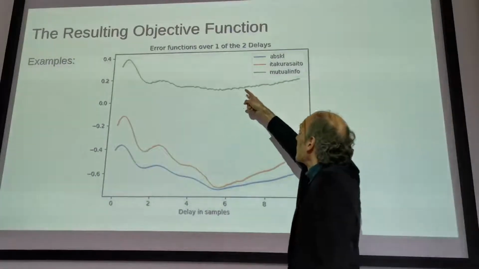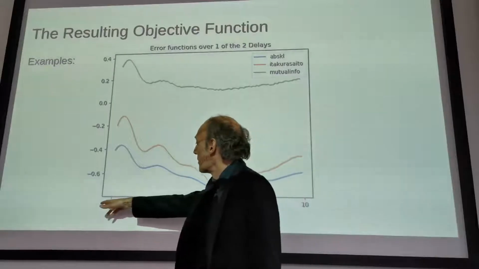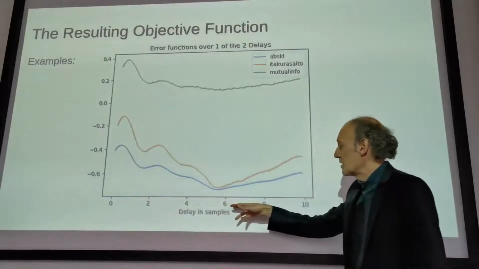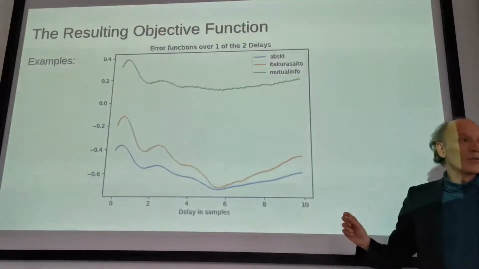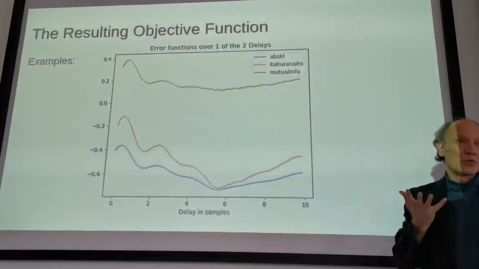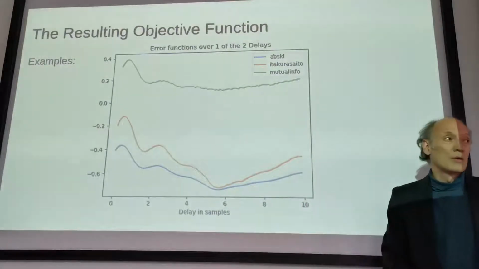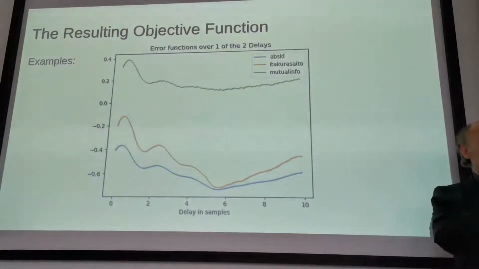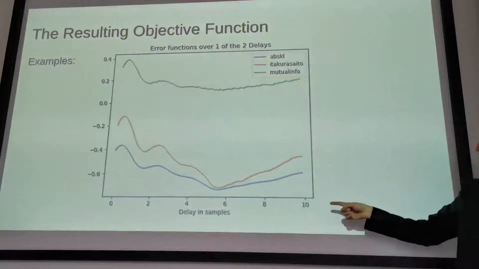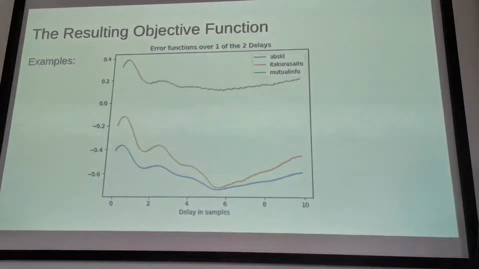Yeah, and here's an example of those different objective functions. Here you can see in green the mutual information. Here you can see the delay coefficient, D, in samples, leaving the other D fixed. Right? So basically we have 4 coefficients which we need to search the minimum for. Here I just have fixed attenuations, one of the delays is fixed, and I just vary one of the delays to get an example of the resulting objective function.